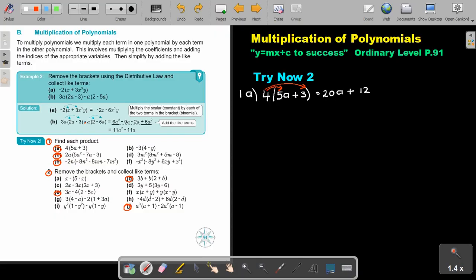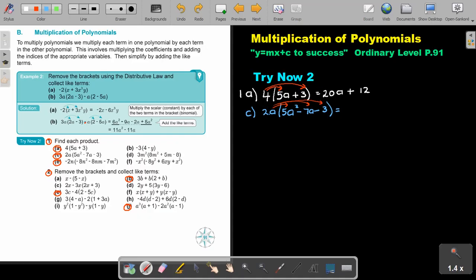Okay, if I move on to number C, then this will be 2a times 5a squared minus 7a minus 3. Okay, and exactly the same. I multiply, and I multiply.